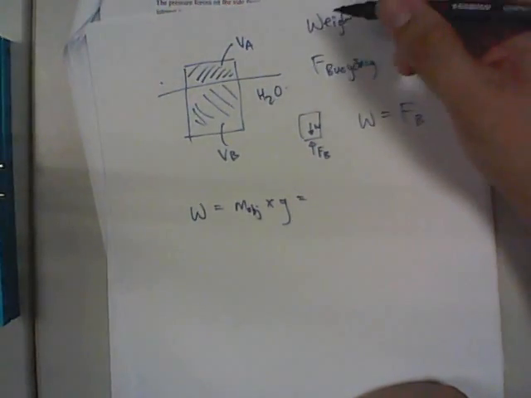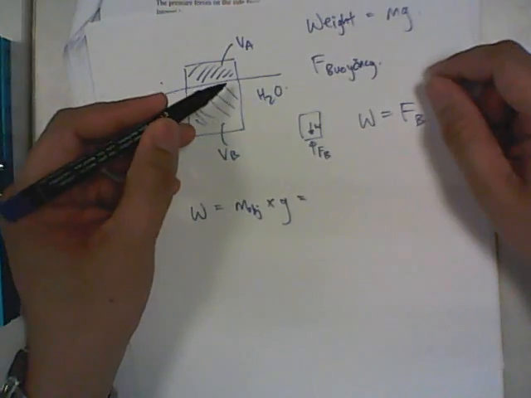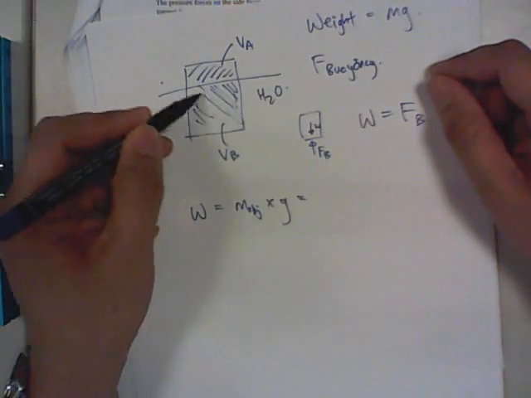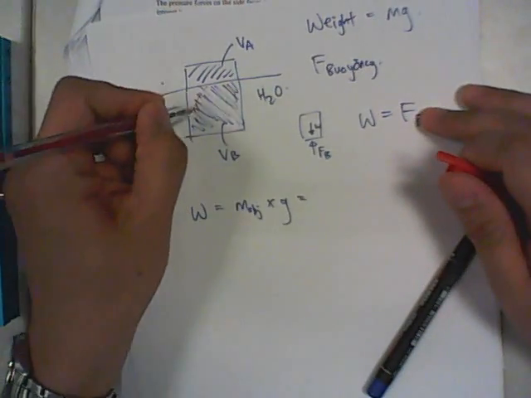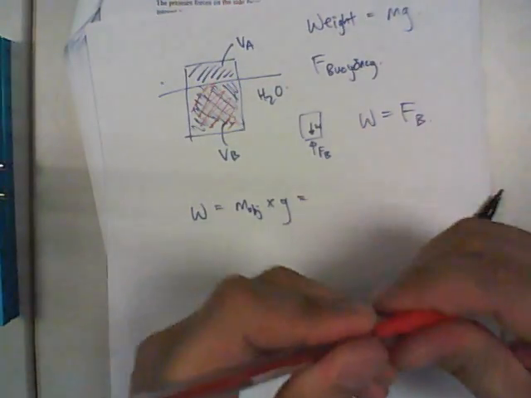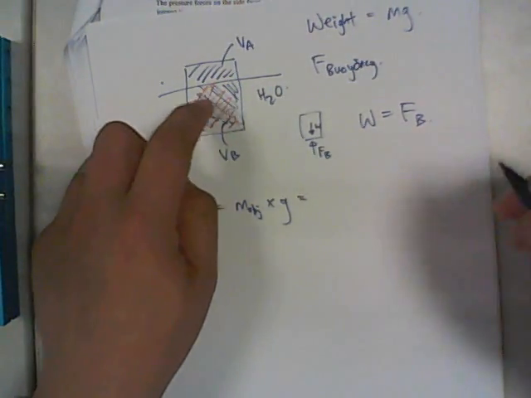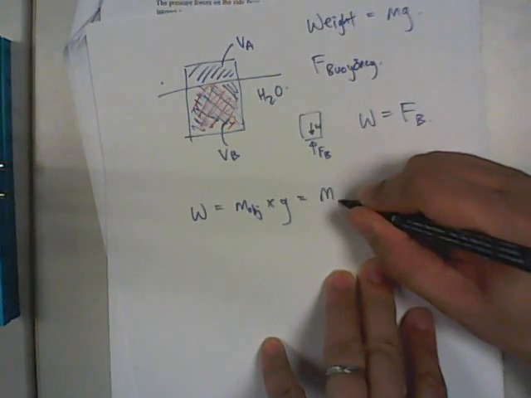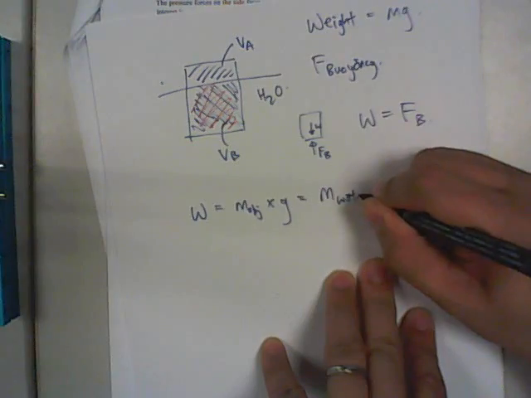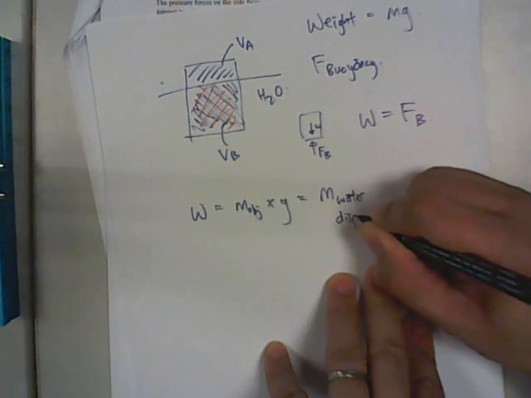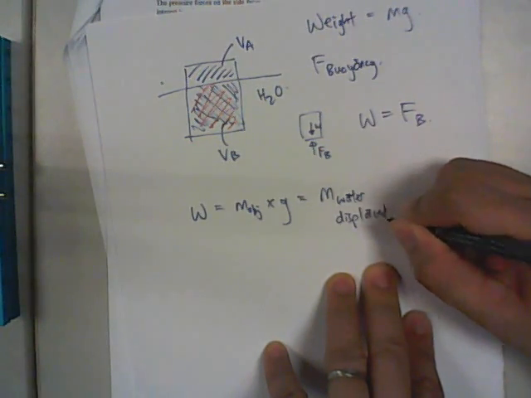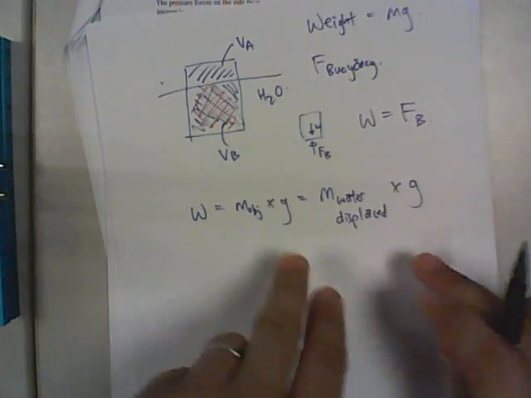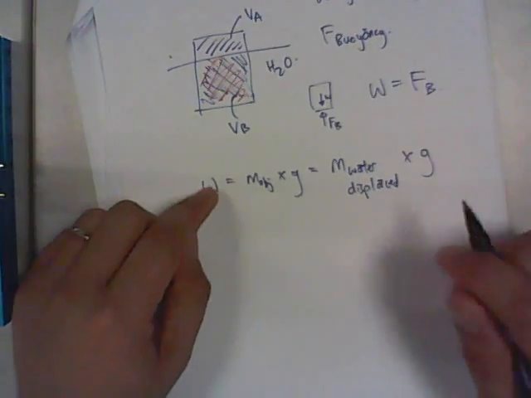Buoyancy force is the weight of the water that is supposed to be here. The weight of the water that is supposed to be occupied by this volume here. So it is the mass of water displaced multiplied by g, right? mg equals mg.